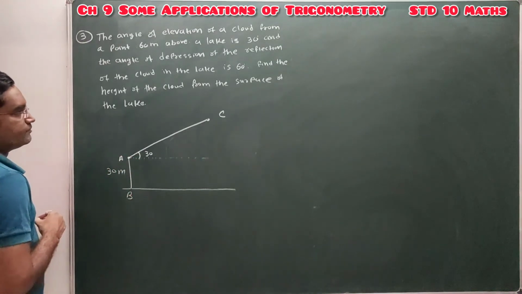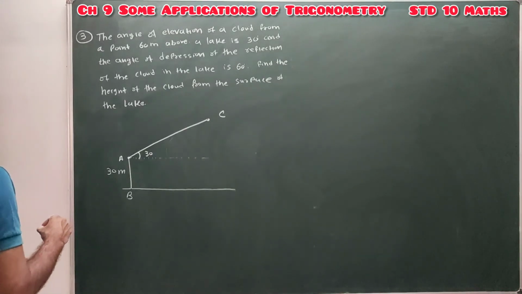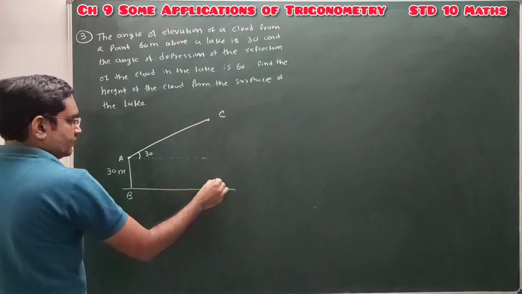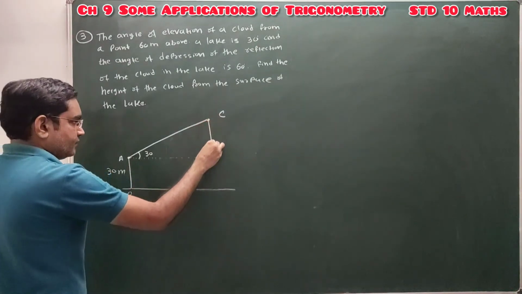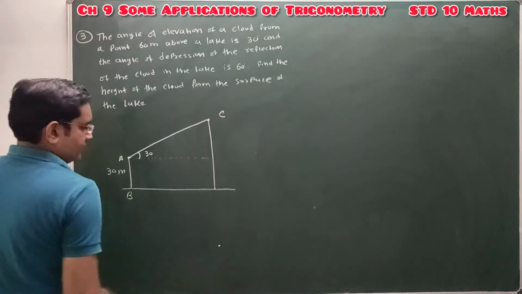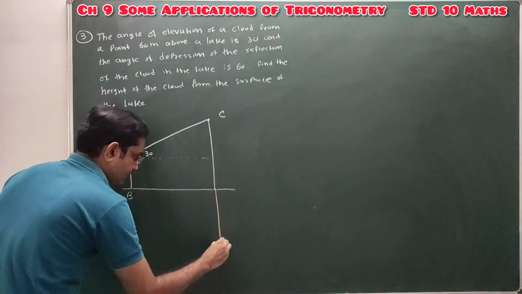This is point B. And angle of depression of reflection of the cloud. So this is cloud, this is lake. So here reflection of this cloud in lake is there. So this is reflection of the cloud.